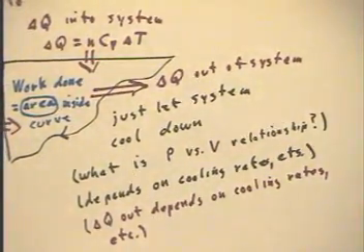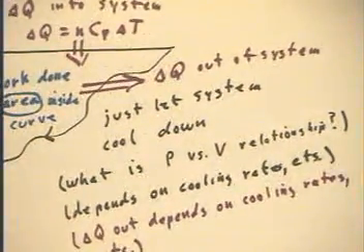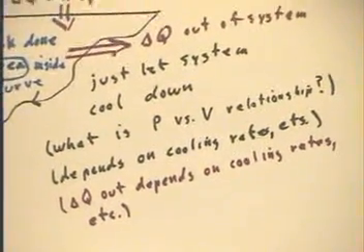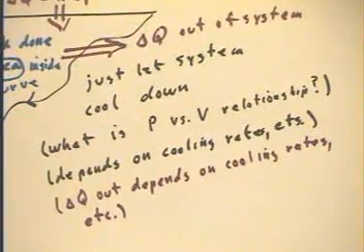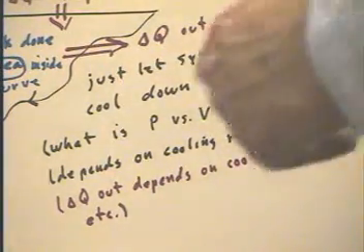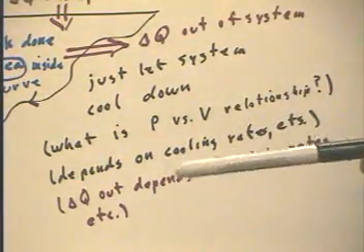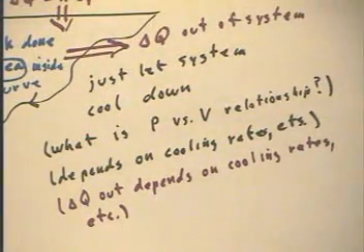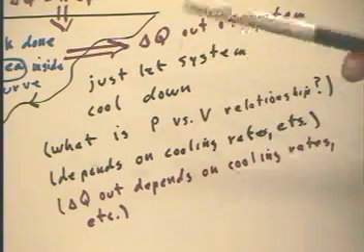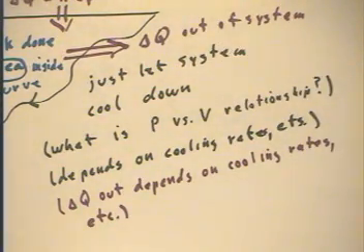Now, the question is, how much delta Q goes out of the system? And how does the delta Q get out of the system? There are lots of ways we could get delta Q out. We could just let the system cool down, and as it cools down, the pressure will decrease and the volume will tend to at first remain the same and then to decrease.